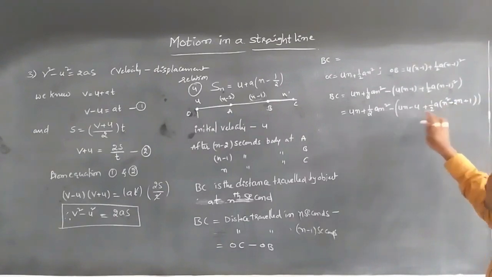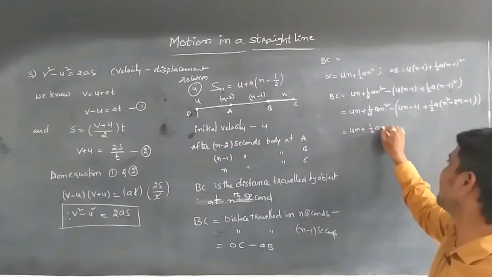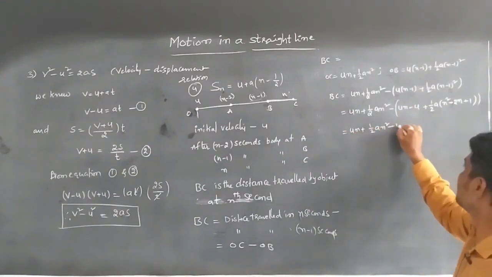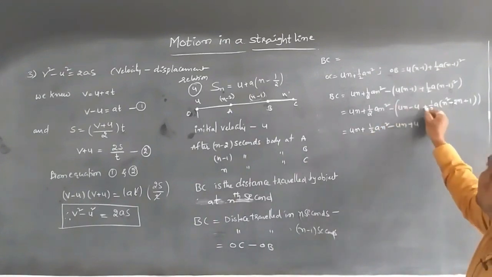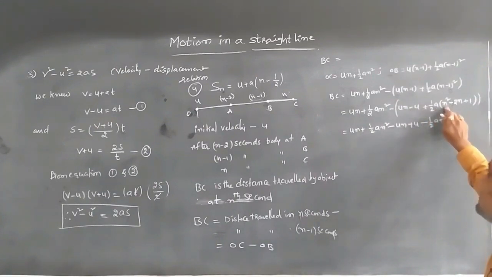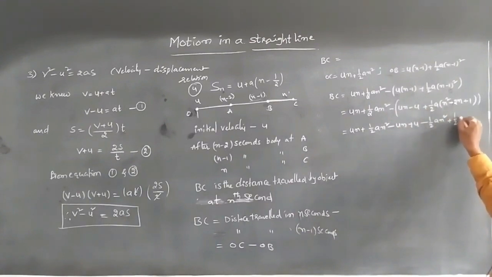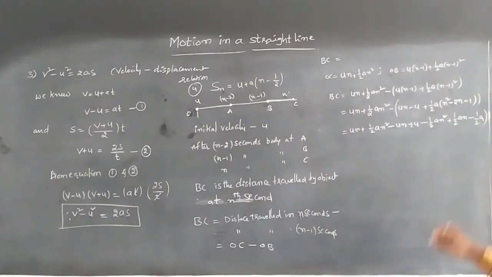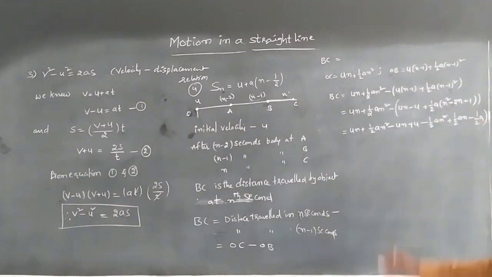Multiplying the minus inside, we get Un plus half A n square minus Un, minus into minus gives plus U, minus into plus gives minus half A n square. Half A is also multiplying inside, then minus into 2n gives minus half A into 2n, that is minus A n, and minus into plus gives minus half A. Half A is also multiplied inside and the minus symbol is also multiplied inside.